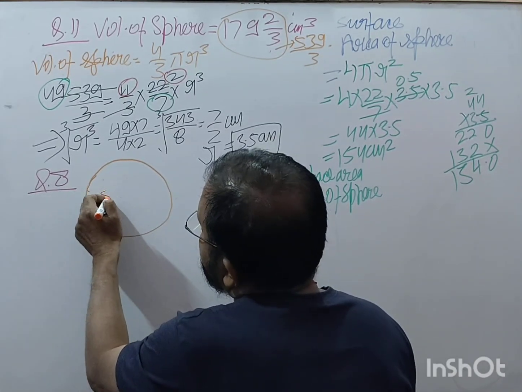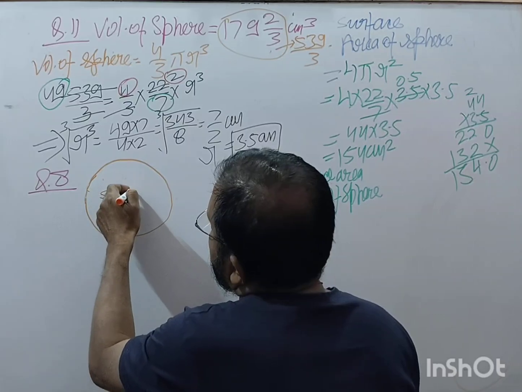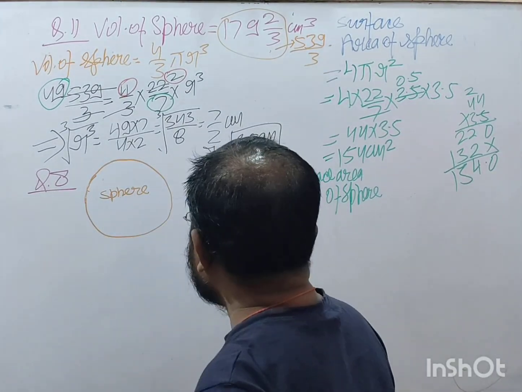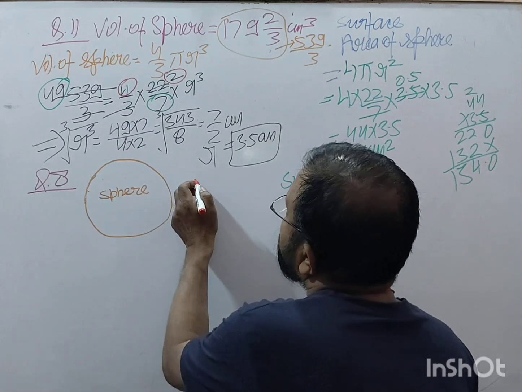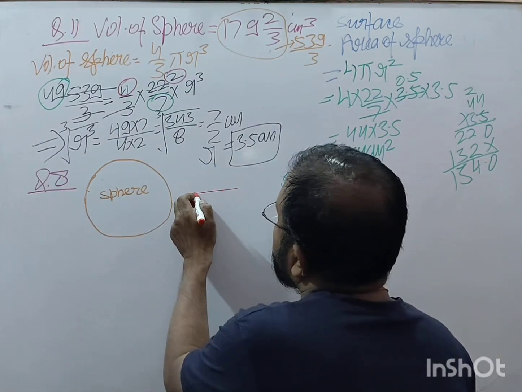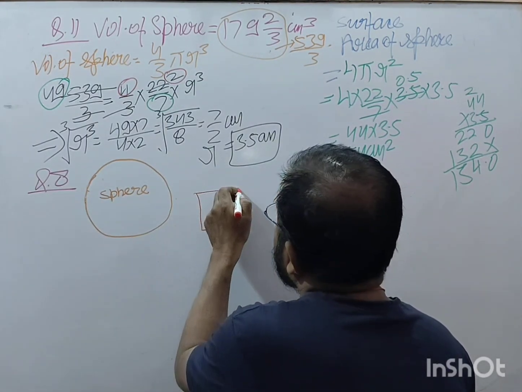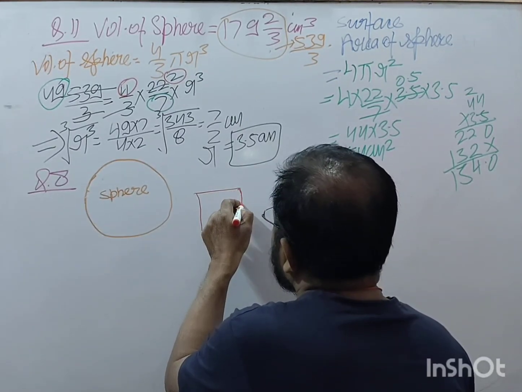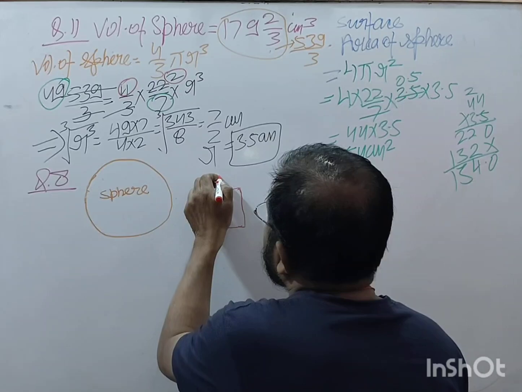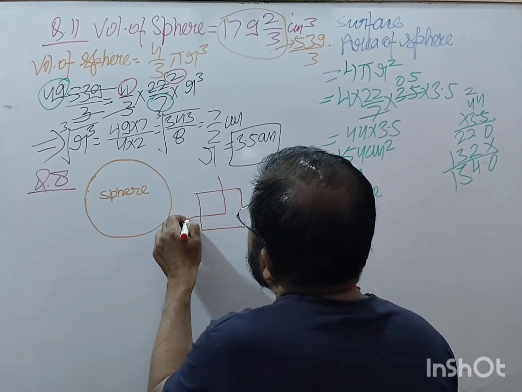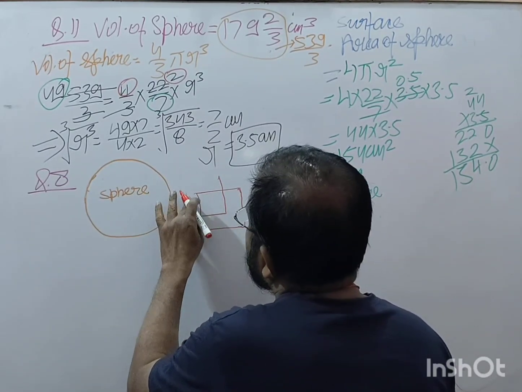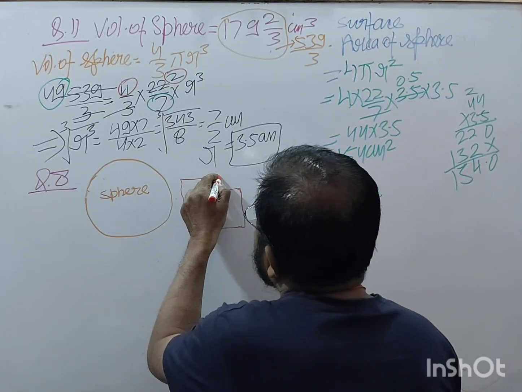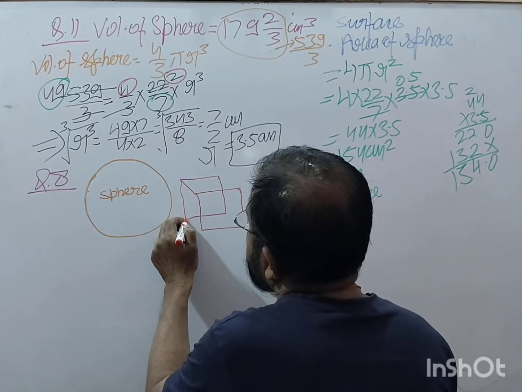This is sphere. And this is a cube. This is the cube.